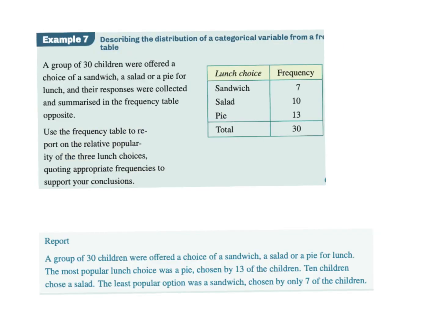So let's have a look at this example, so you can see how we can get some of our information for the report. If you look here, it says a group of 30 children were offered a choice of sandwich, salad, or pie for lunch. So there you can see that opening statement of our report. We're just saying how many people were surveyed.